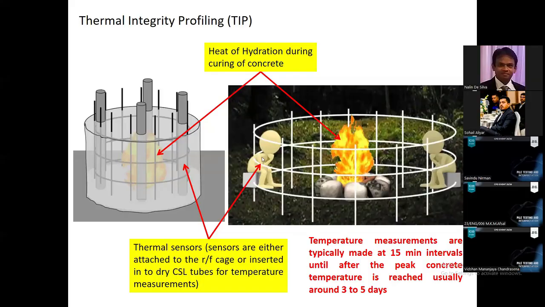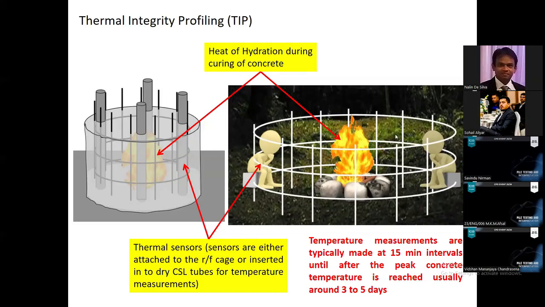The heat of hydration is maximum at the center of the pile, right? At the center of the pile, you will get the highest heat of hydration temperature, and when you go to the edge of the pile, the temperature gradually decreases.